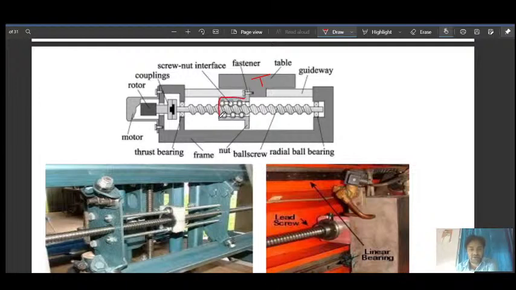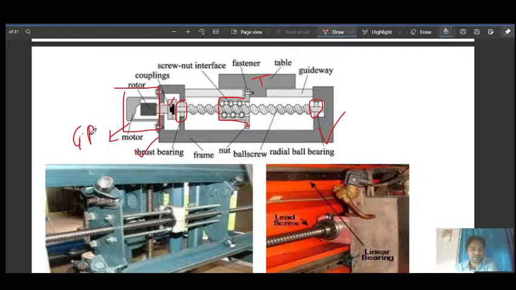On the table mounting we have this ball screw arrangement, and at both ends of the lead screw we have ball bearing support, a radial bearing at this side and a thrust bearing on this side. Here we have the motor, and then here we have the coupling, and in the motor we also have the gear reduction.